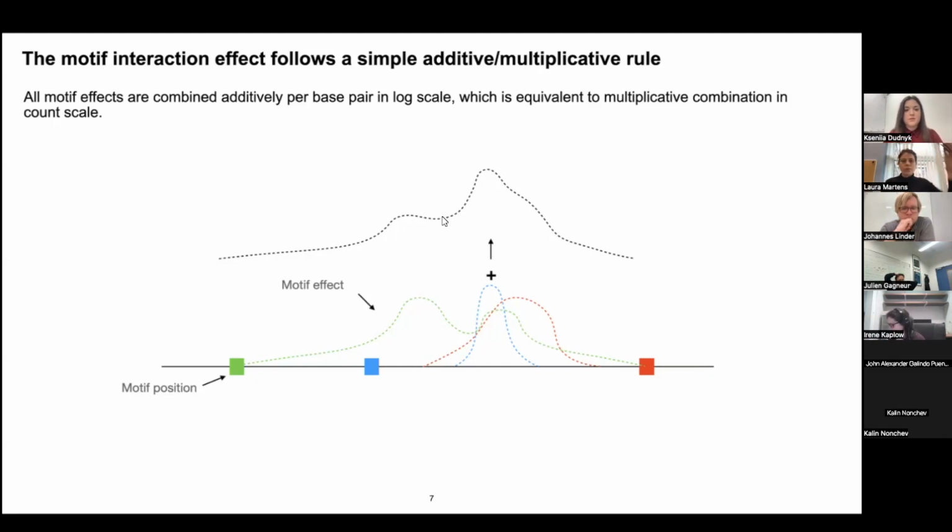It's important to say that they additively combine because our data is log transformed, but on the raw count data, this effect is multiplicative. And because we assume, according to Puffin, that all effects are additive, this makes the interpretation of the prediction much easier.